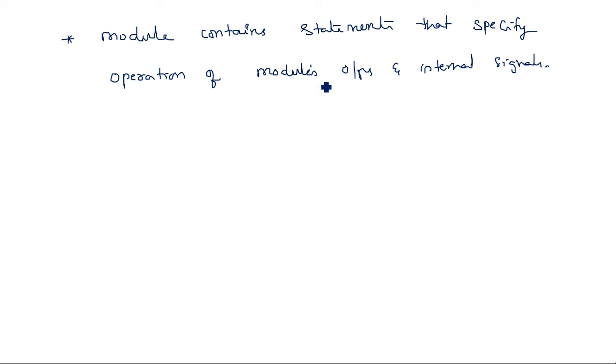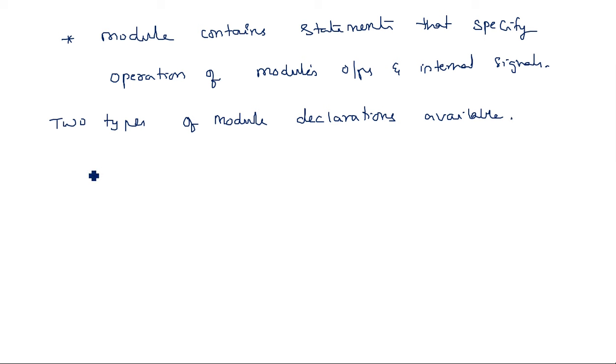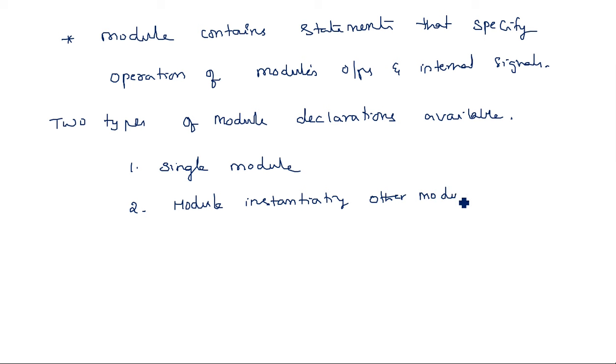Suppose there are two different types of module declarations available. First one, single module, and the second one is module instantiating other modules.